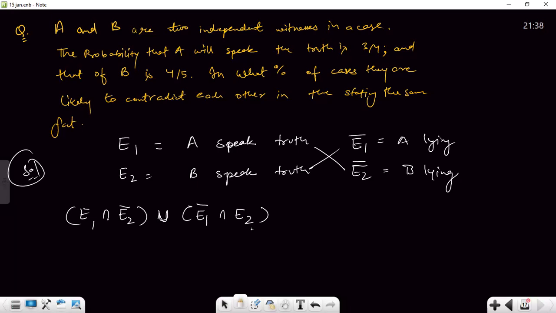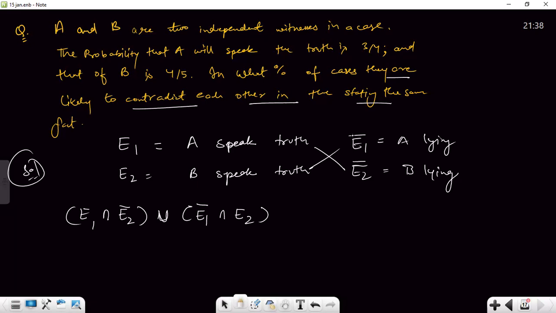And one more scenario can be there. Can you guess it? When A speaks the truth and B speaks the truth, they cannot contradict, because we have to discuss the likely cases when they are contradicting in stating the same fact. When they both are speaking the truth, then they will not contradict. There's one more scenario, and it's very interesting to think about.